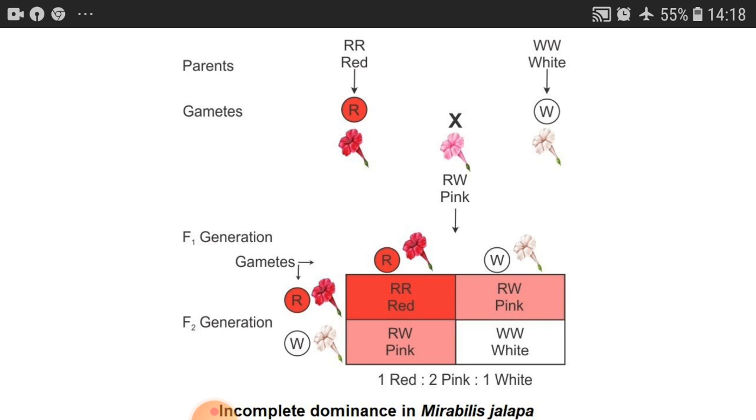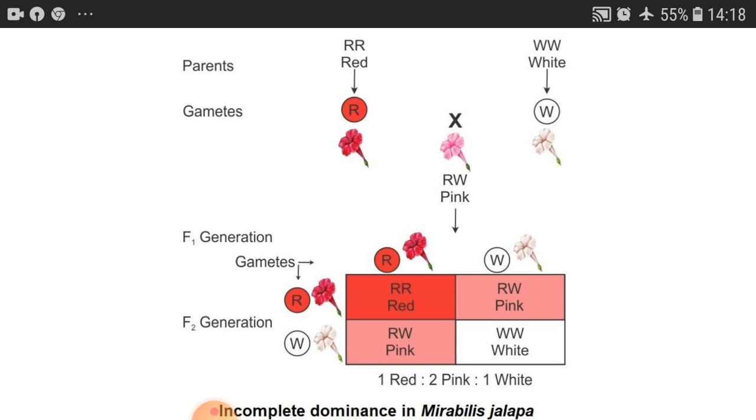They are again segregated and they again appear in the F2 generation. So this cross shows incomplete dominance. The genes for red and white color do not actually mix in the F1 generation to form the pink hybrids, as both the characters, red and white, reappear in the F2 plants.